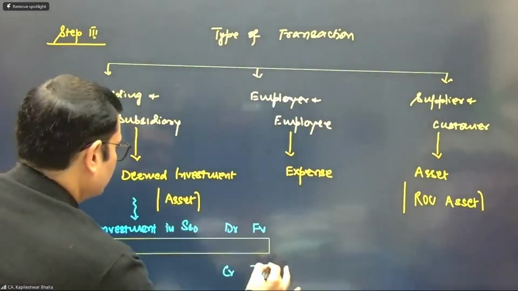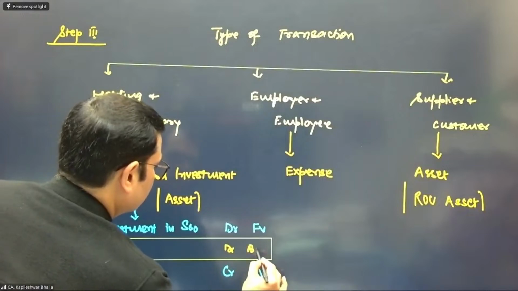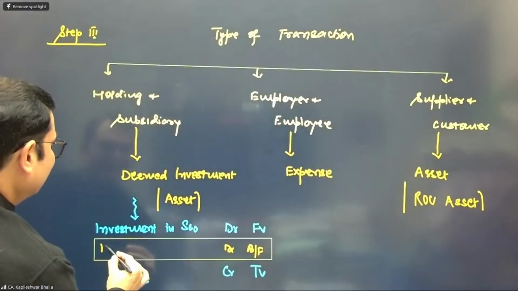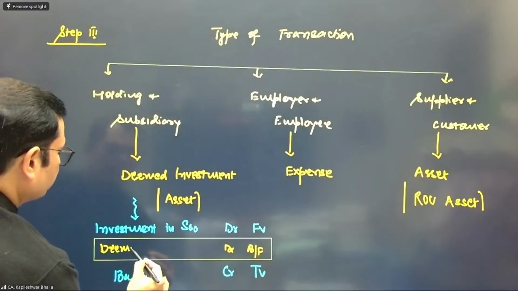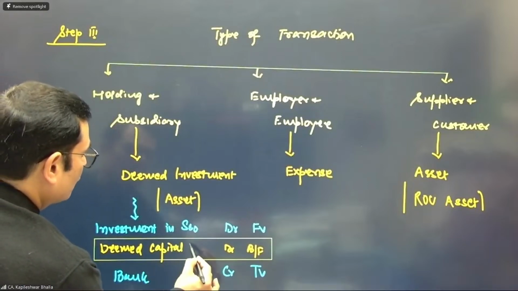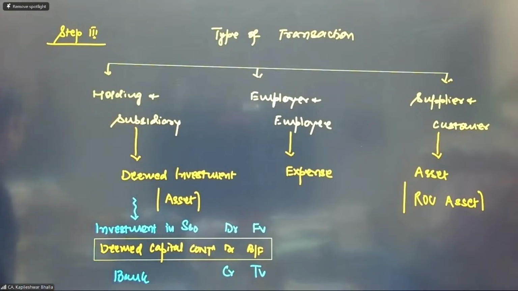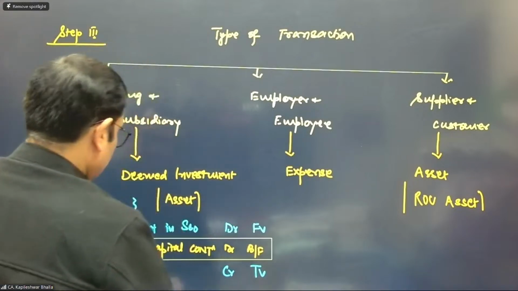The difference, that is a balancing figure, is going to be called a deemed capital contribution. So this will be treated as an asset in the books of the parent company. This is how it will look.